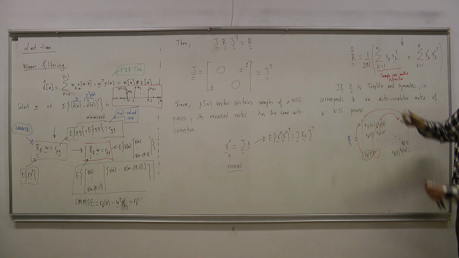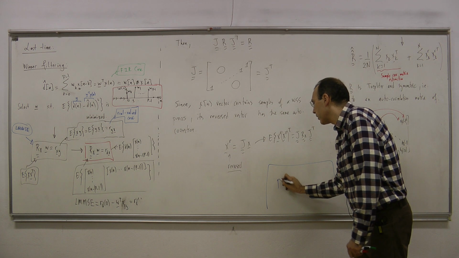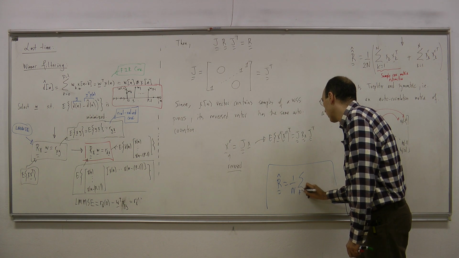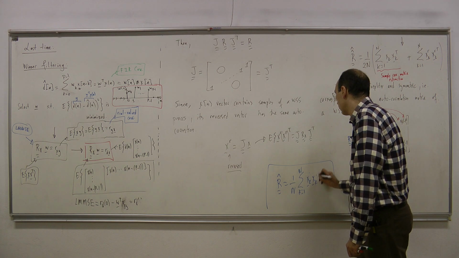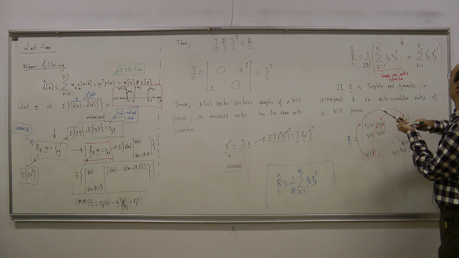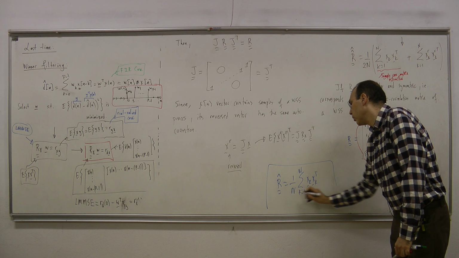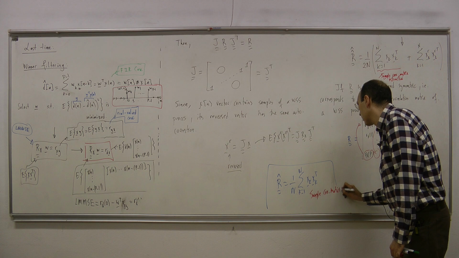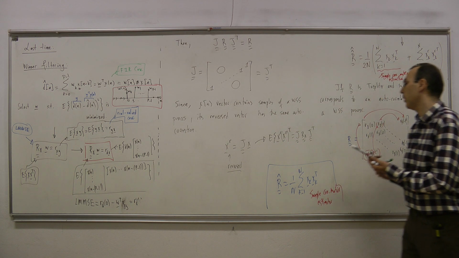And if you have R, let me write it one more time, R hat, this is actually the sample covariance matrix estimator. With the 1 over n factor, this is called the sample covariance matrix estimator.